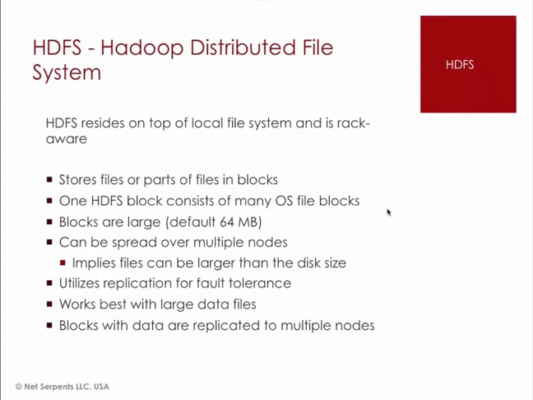So one is the blocks which are contained in your operating system, and then there are blocks which HDFS uses, as you said earlier, Mehak. So the Hadoop file system resides on top of the local file system. Okay? So when you start Hadoop on a server, then you actually get access to the Hadoop file systems. Otherwise, you're just sitting on your operating system with no access to what's contained within Hadoop.